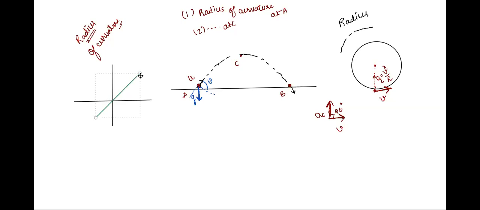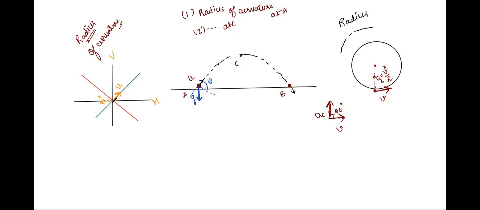The red line is the direction perpendicular to the green line. So have a look, class, very clearly. Along this green line, u is oriented. These two black lines are vertical and horizontal. This red line is perpendicular to the green line, right?